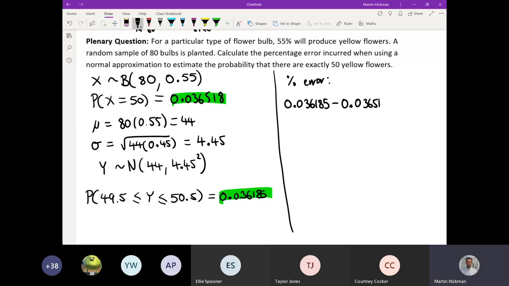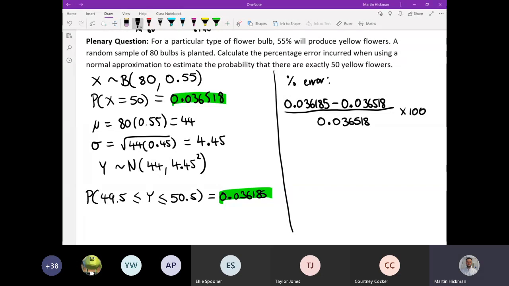I think this is what sometimes confuses people. We've done similar things like this when we've done binomial problems as well. You need to do the approximated answer, take away the exact answer, and then we divide that by the exact answer. Working out percentage error is really important if you do science as well. You should be doing quite a lot of this in science.